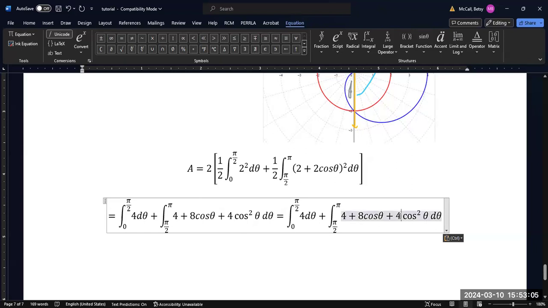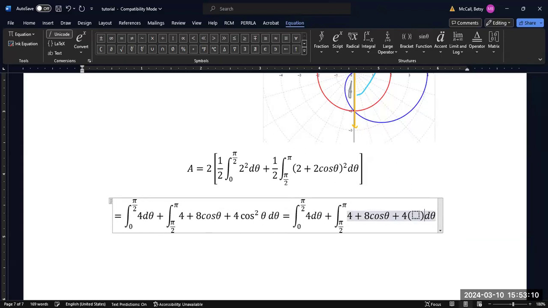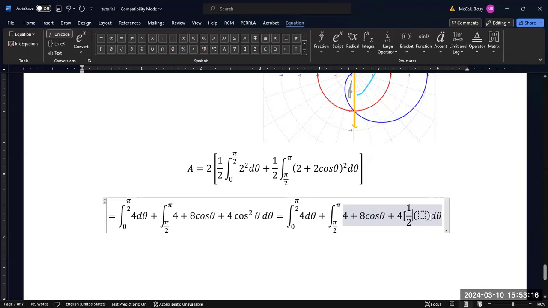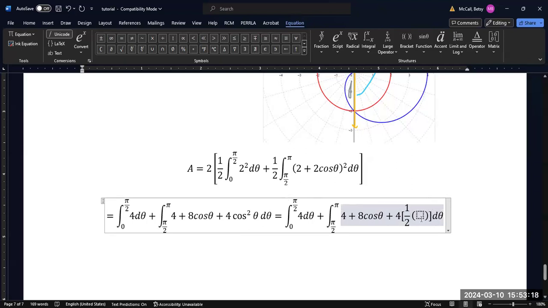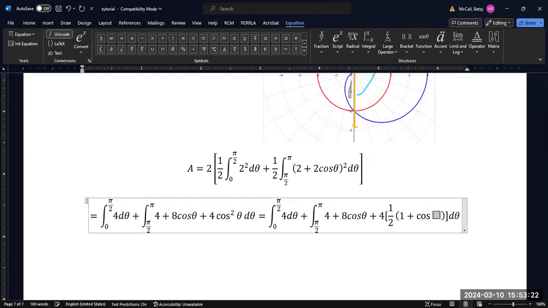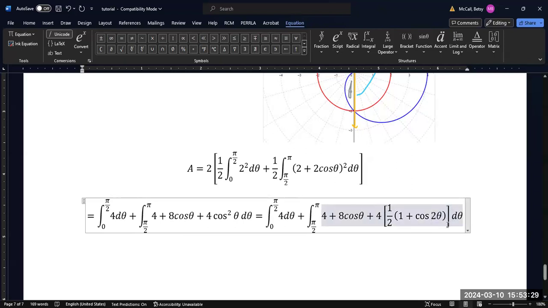So this cosine squared is going to get replaced with 1/2 times 1 plus cosine 2 theta. And the 4 and the half are going to simplify.